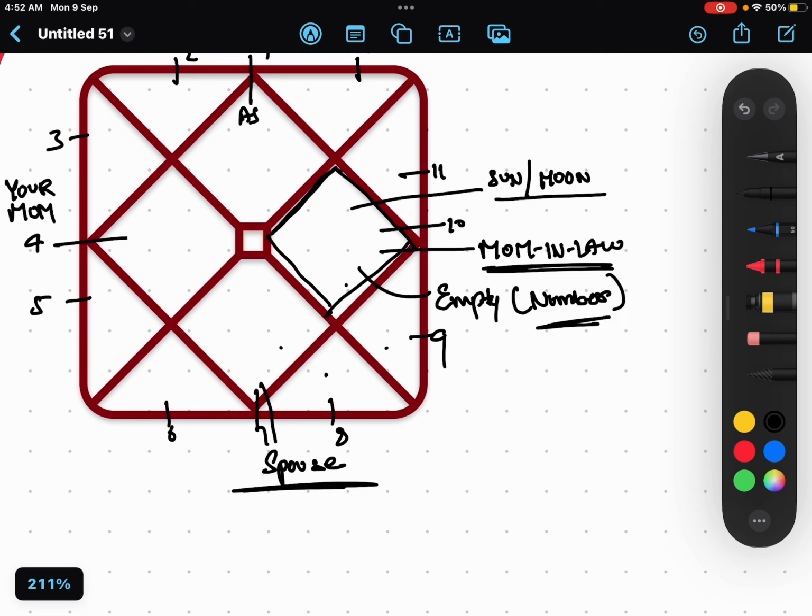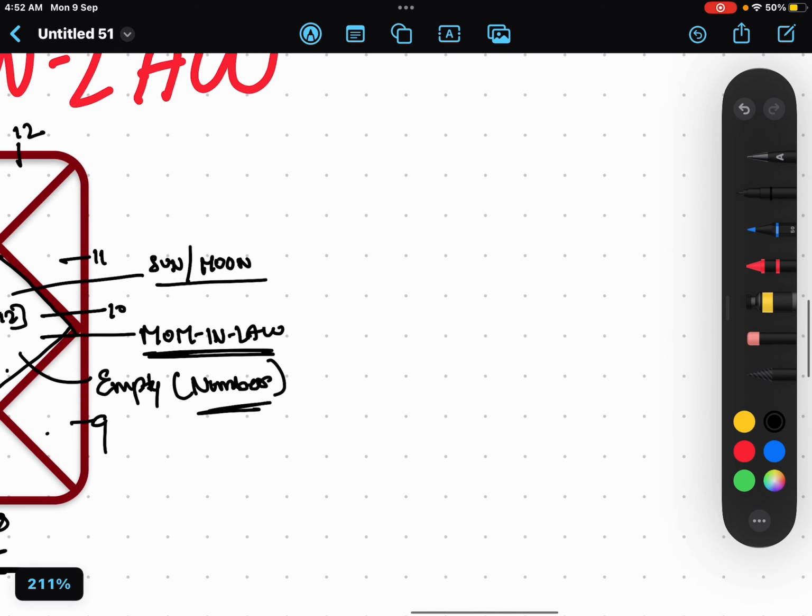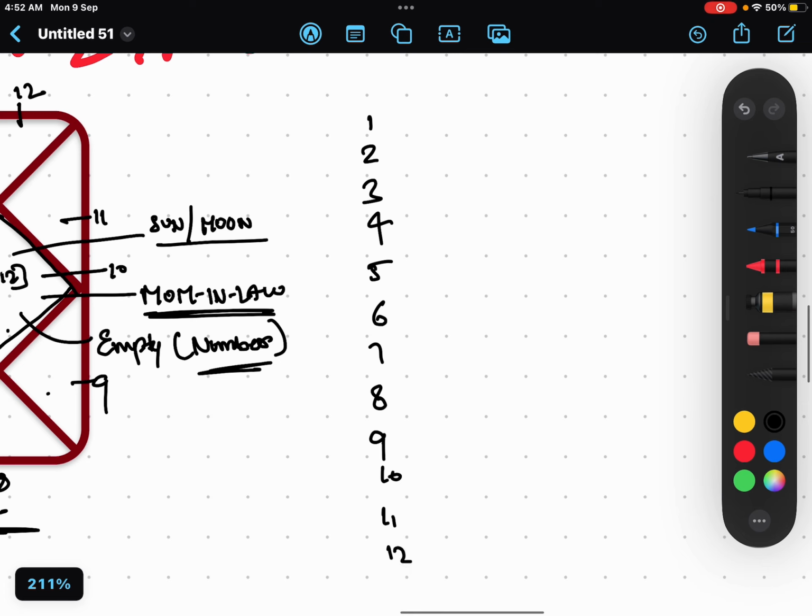You have to check the number in the house. Any number from 1 to 12 can be written. For 1 and 8, it's Mars.